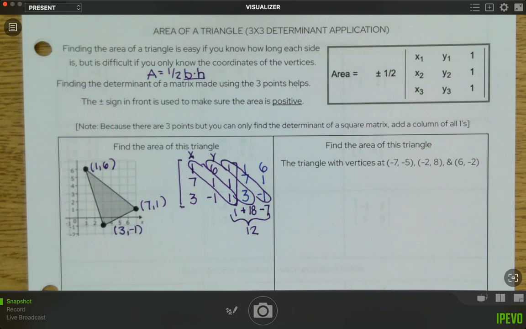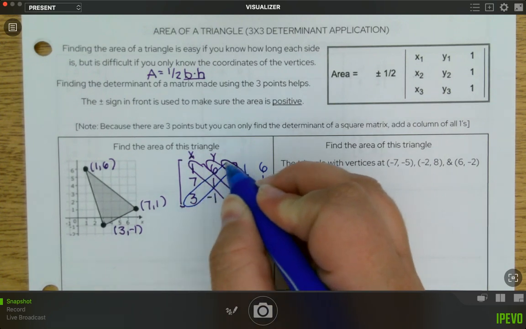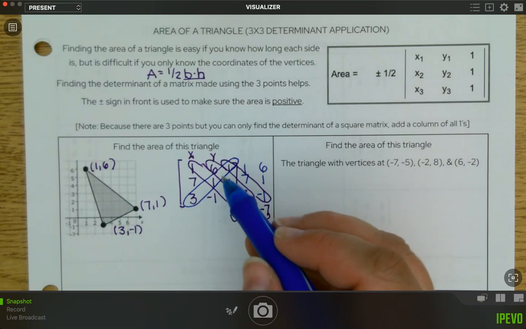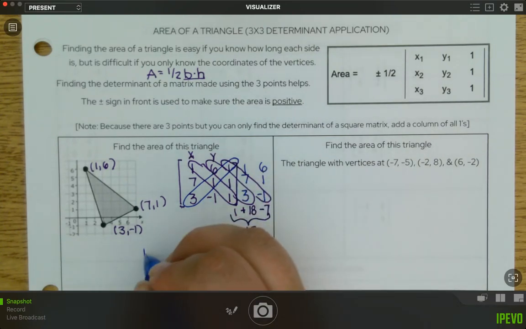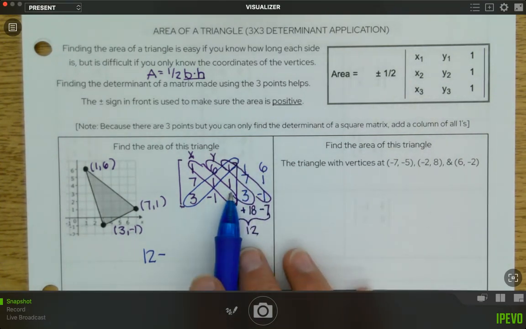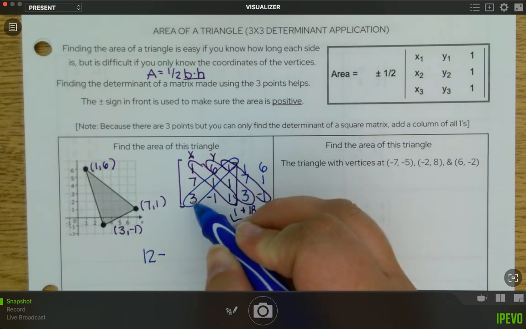And then you're going to do the same thing for the left diagonals, the ones that start in the middle and go to the bottom left. And you're going to subtract these all added together from this one. So you're going to do 12 minus whatever answer we get from adding all these together. So 1 times 1 times 3 is 3.